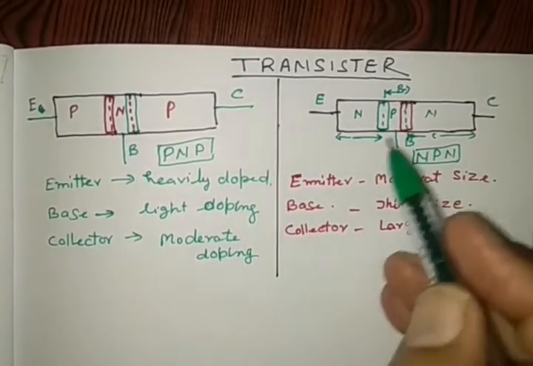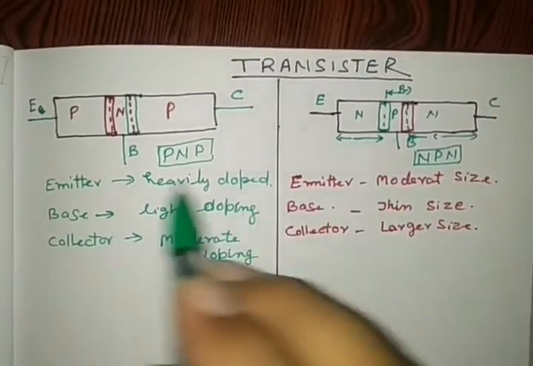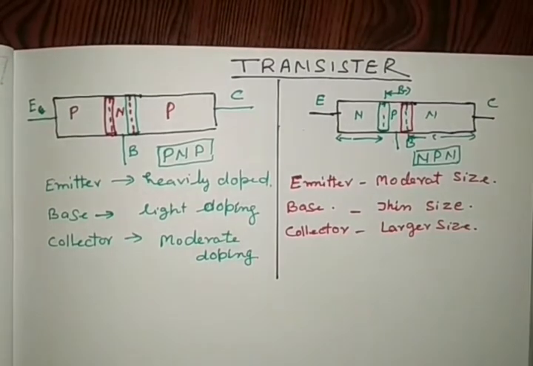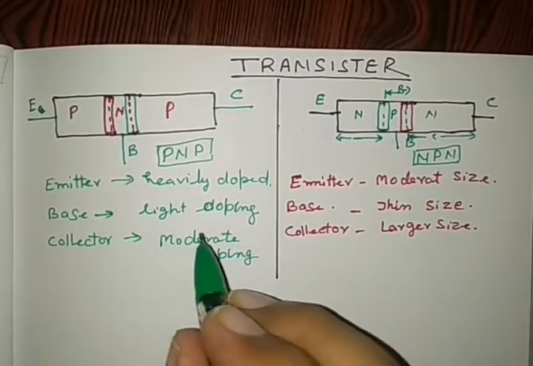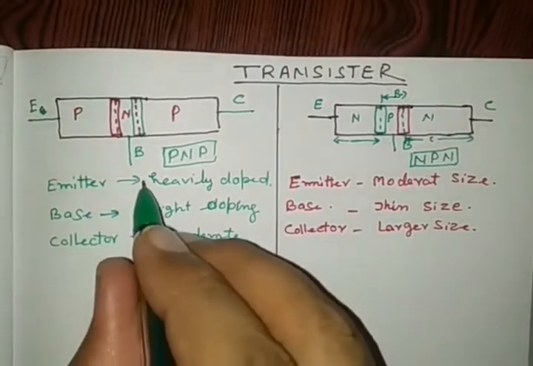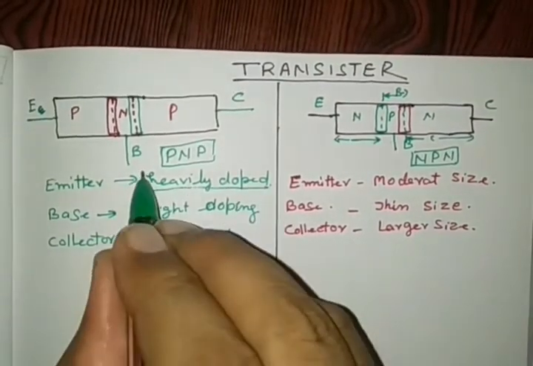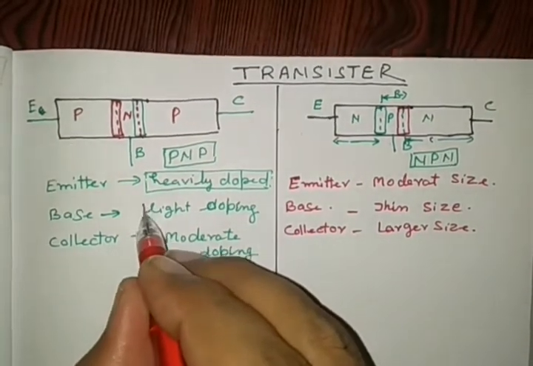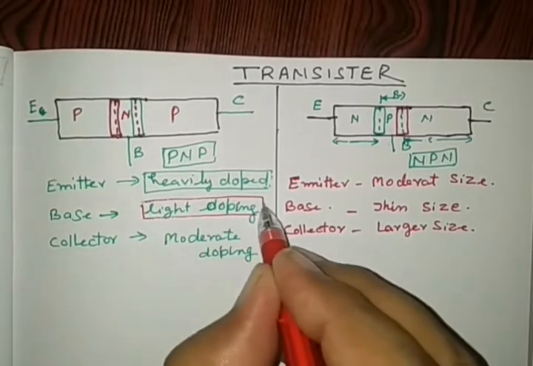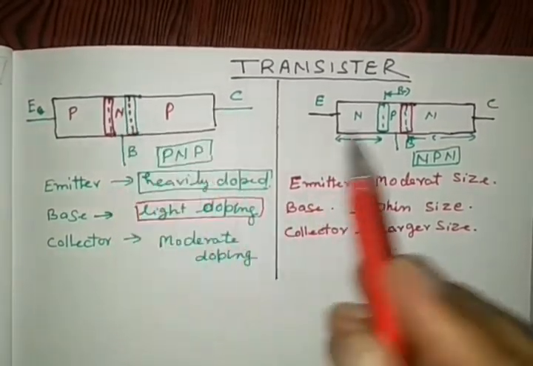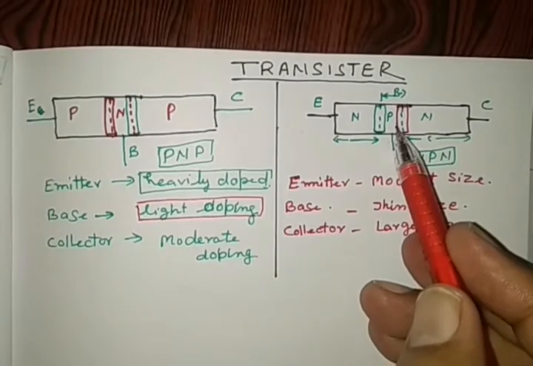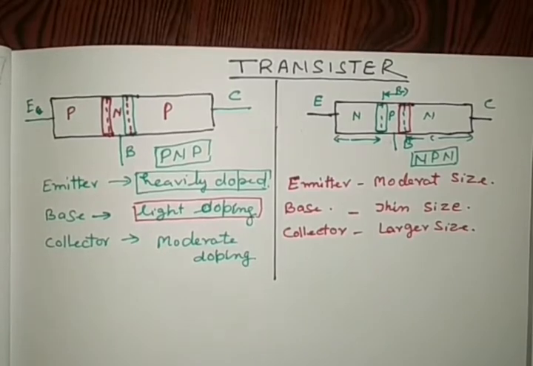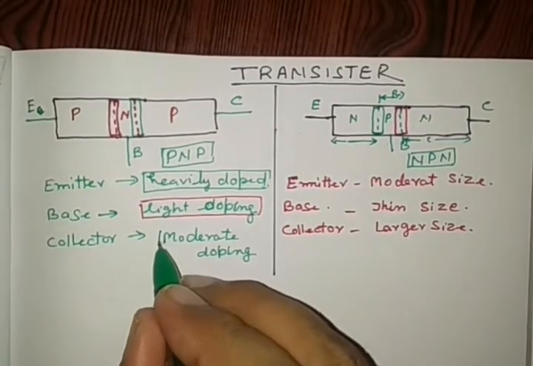This size is taken in both the PNP type and NPN type transistors. In the case of doping, the emitter is heavily doped, while the base has the lowest doping, or light doping. In both, the collector is kept at a moderate doping percentage.